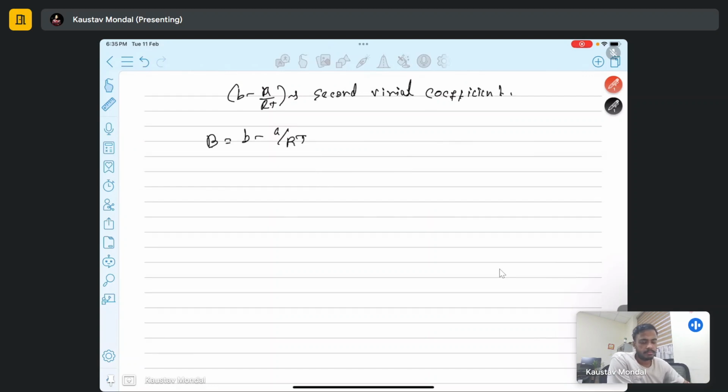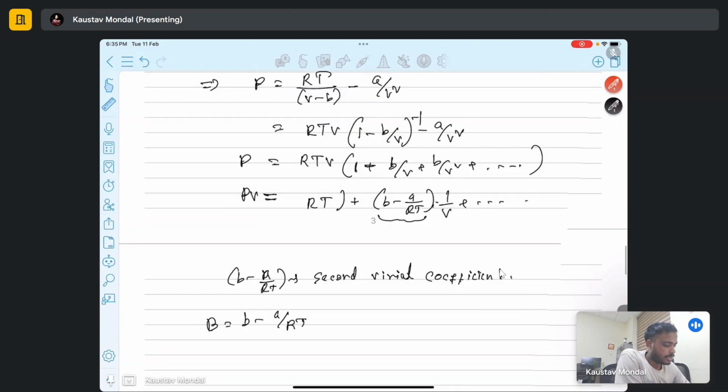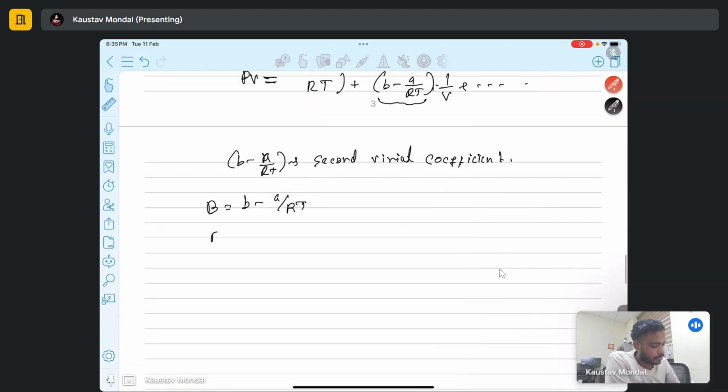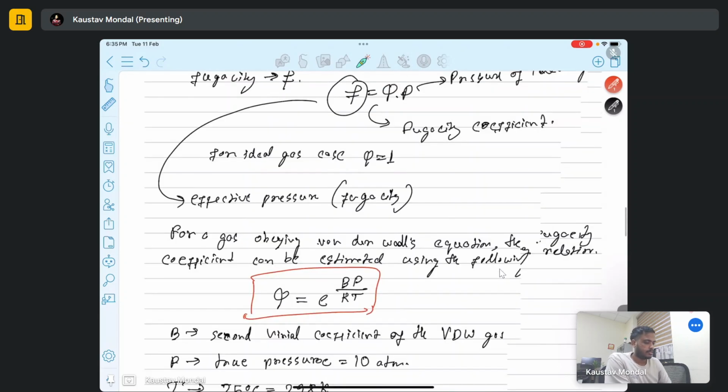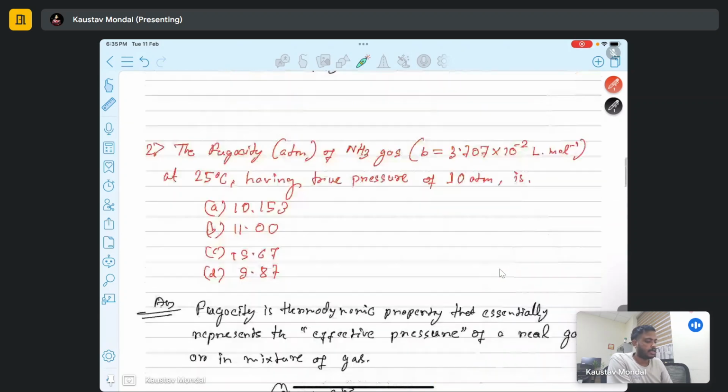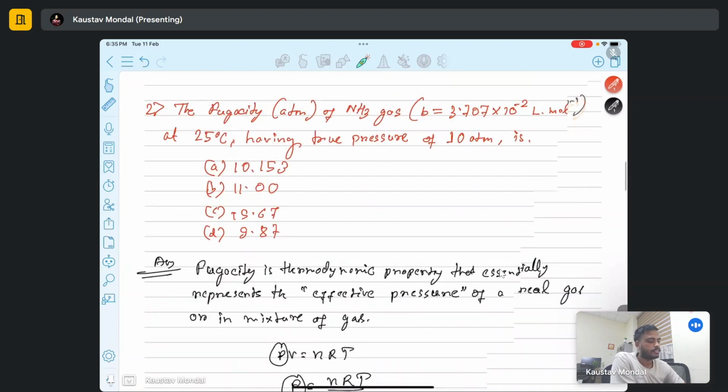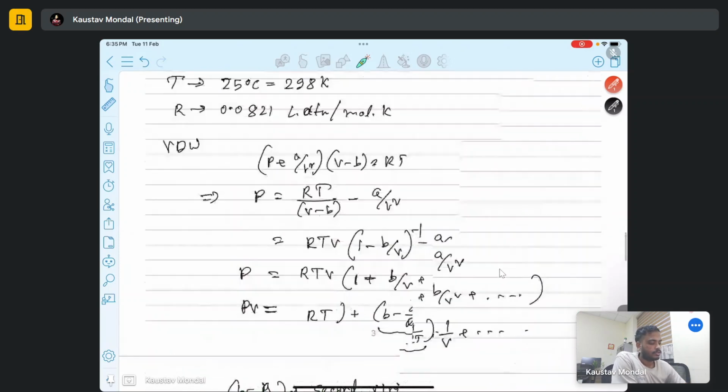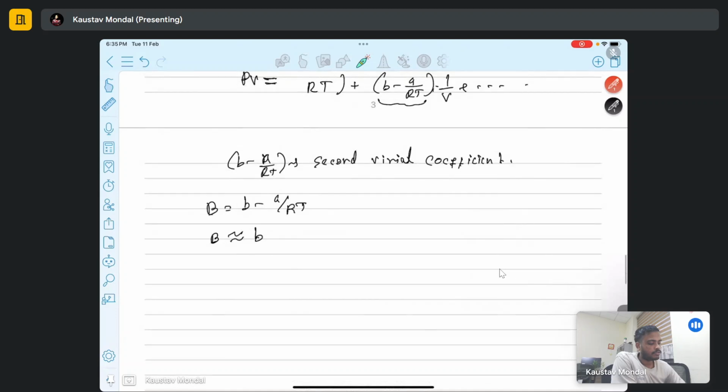Now for the problem that we have, we can approximate the B value equal to this constant b. For the time being, we'll not consider this second term. The reason is that in the problem also, the A is not given, right? This pressure correction term is not given, only the b is given, right? So for the time being, we are neglecting this A part.